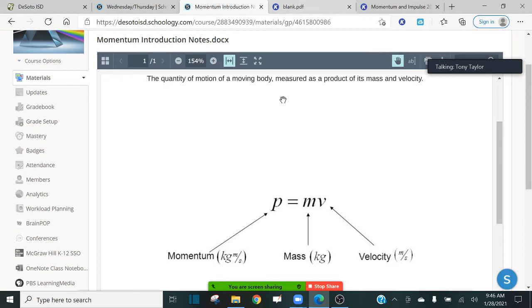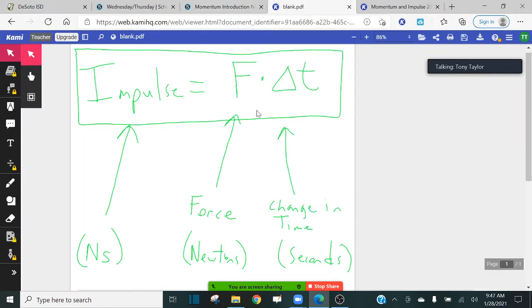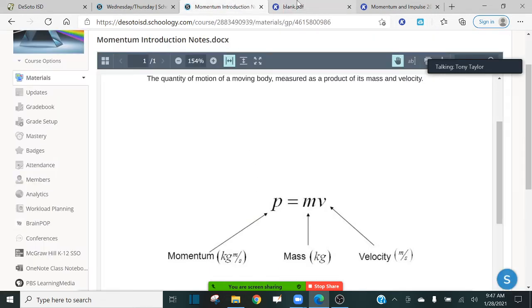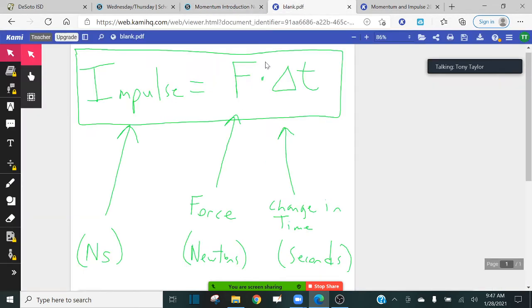Even though these are separate equations, one equation says that momentum is equal to mass times velocity. The other says impulse is equal to force multiplied by time. Even though these use different variables, believe it or not, there's a direct relationship between them. These two equations, in fact, equate to one another, like their numerical values equate to one another.